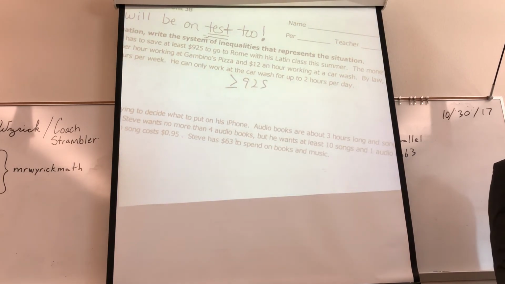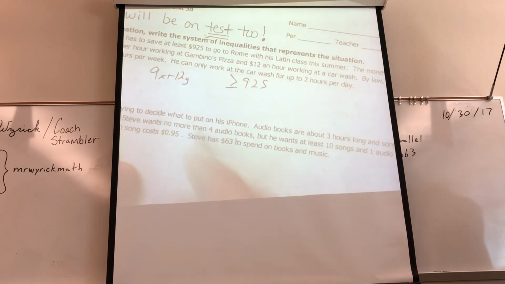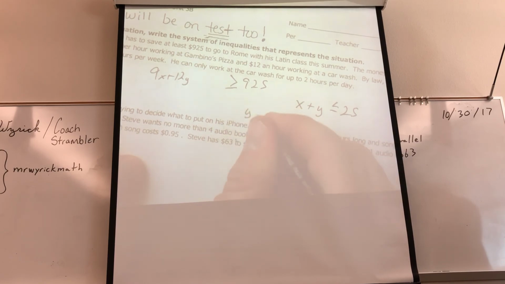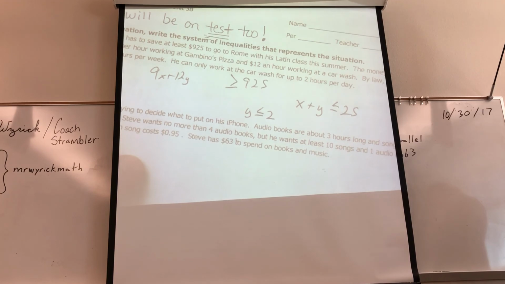He earns $9 an hour working at Gambino's, $12 an hour working at a car wash, so that's 9x plus 12y. By law, he can't work more than 25 hours a week, so x plus y is less than or equal to 25. He can only work at the car wash for up to 2 hours a day, so y is less than or equal to 2, and 9x plus 12y.